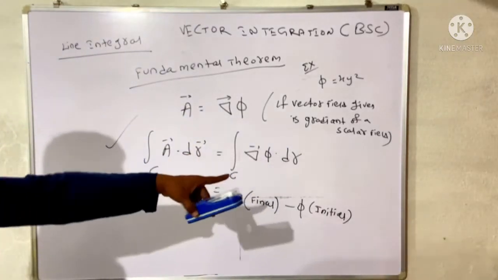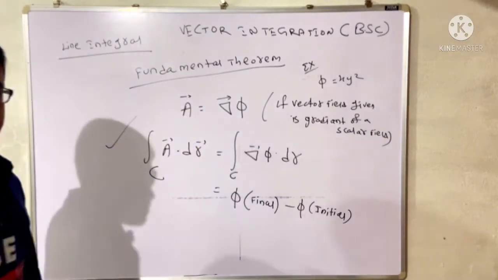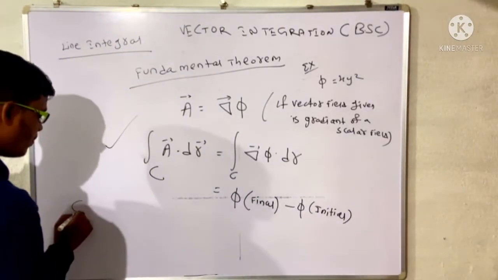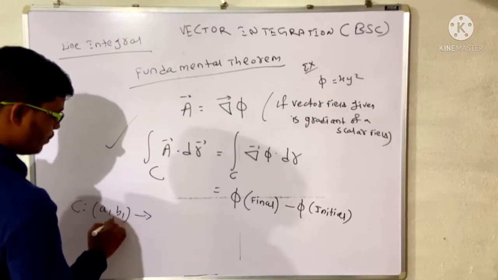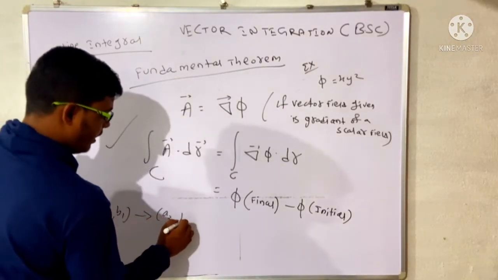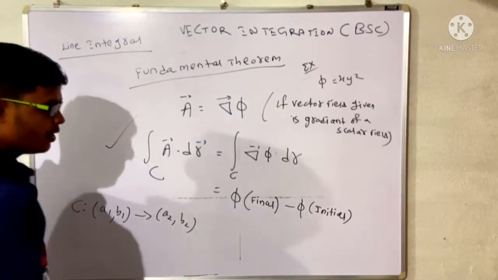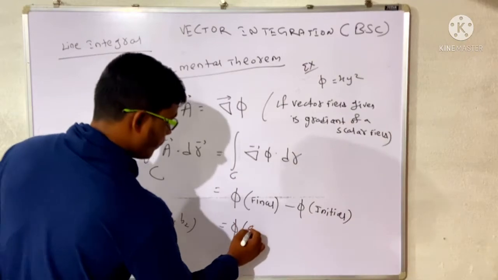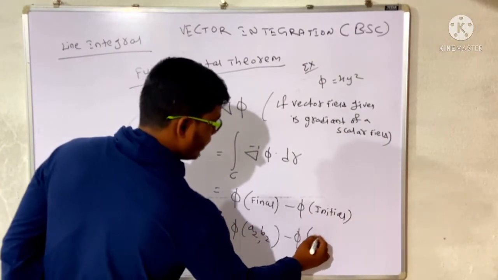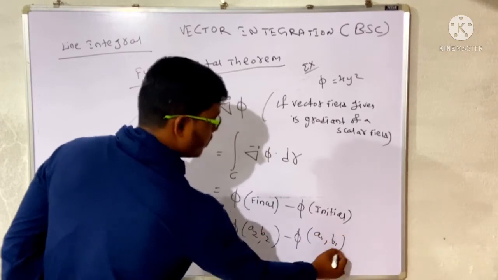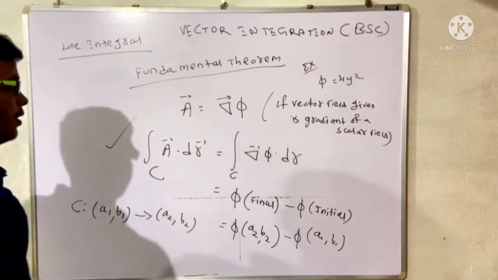So A dot dr equals del phi dot dr. Then what is the integral? It is phi final minus phi initial. Suppose the path is given from point a1 b1 to point a2 b2 in 2D, and in 3D, a1 b1 c1 to a2 b2 c2. Then the integral will be phi at a2 b2 minus phi at a1 b1. Okay, so this is the fundamental theorem.